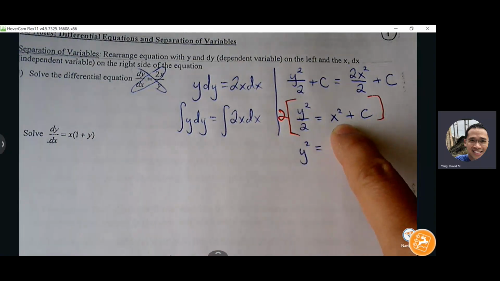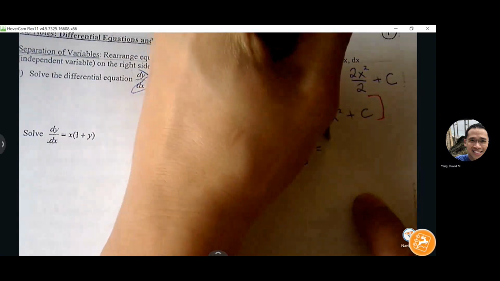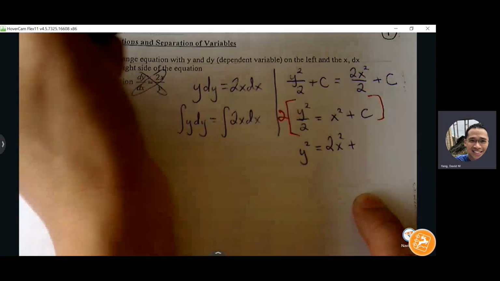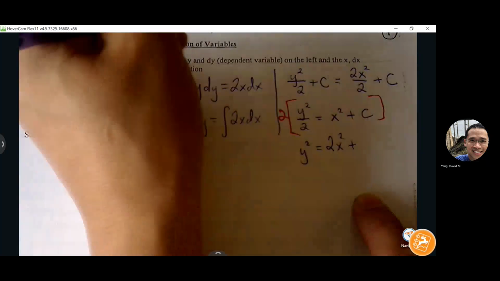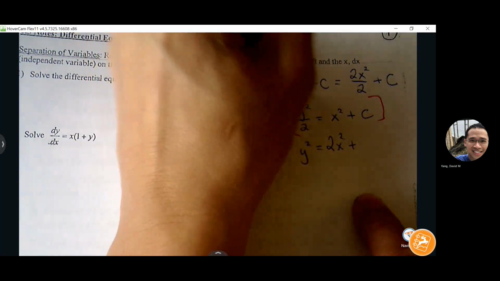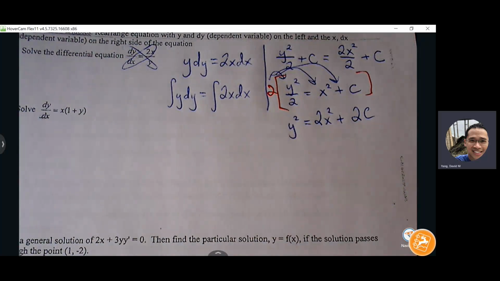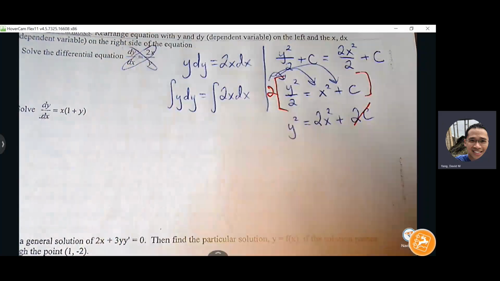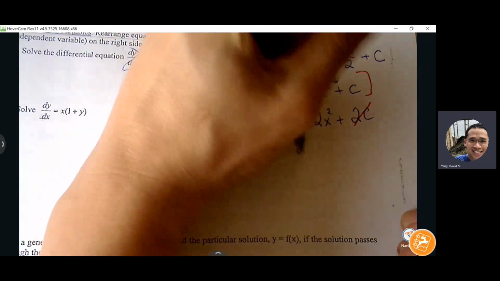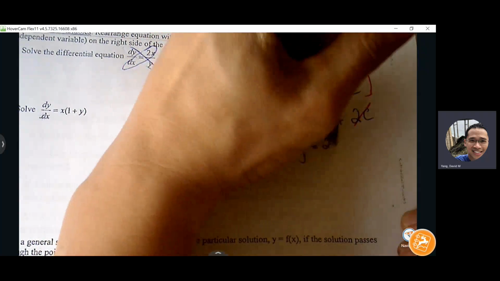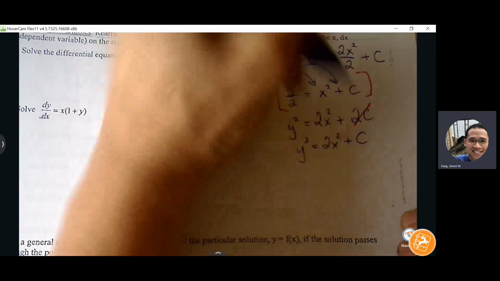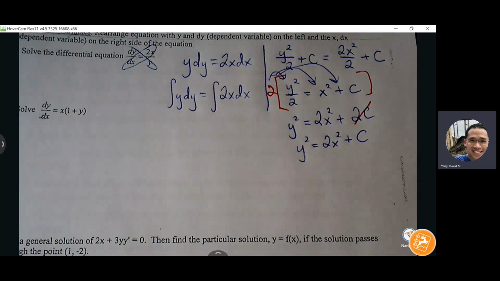On the right side, distribute the 2 through, I get what? 2x squared plus 2c. Now, what do you know about 2c? Still a constant. So we typically just leave it as C. It's not wrong to put 2C, but we know that C absorbs all coefficients and constants. So anything that is still a constant, we can just represent as a constant.